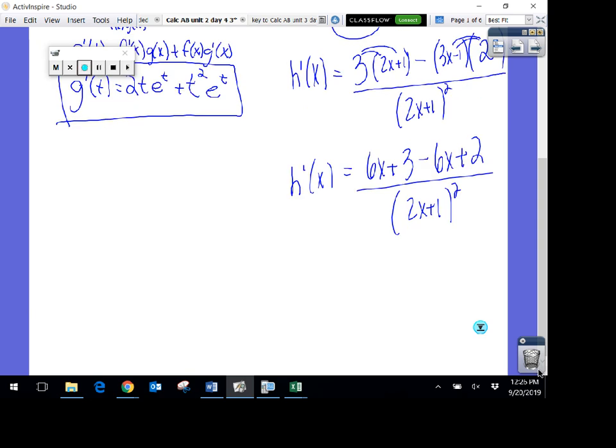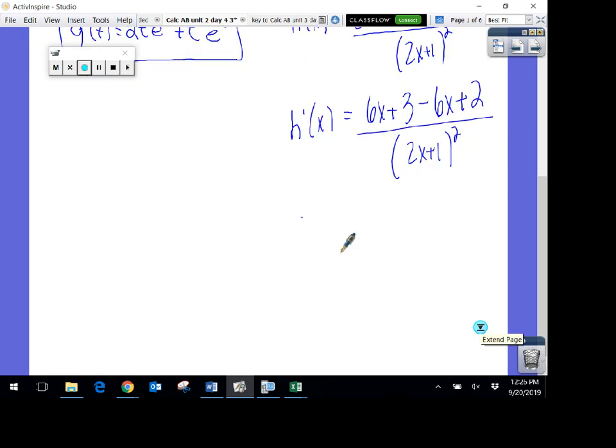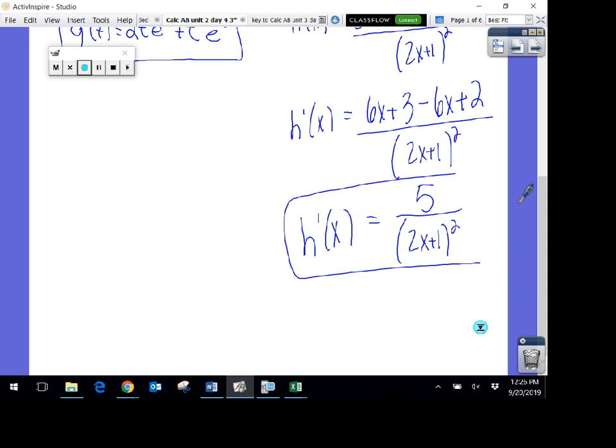And then just combine your like terms. So h prime of x equals 5 over 2x plus 1 squared. If you want to square out that denominator, you can, but be sure you do it correctly, because if you make a mistake squaring it, now you went from a right answer to a wrong answer.